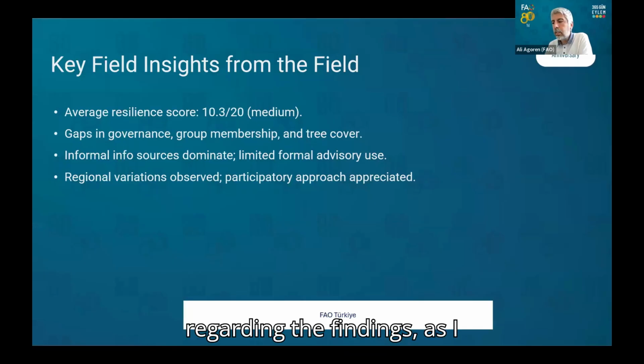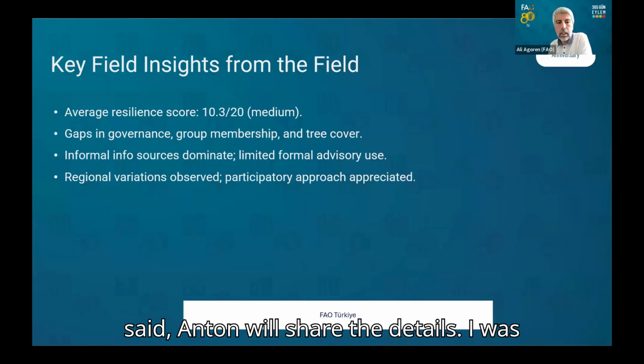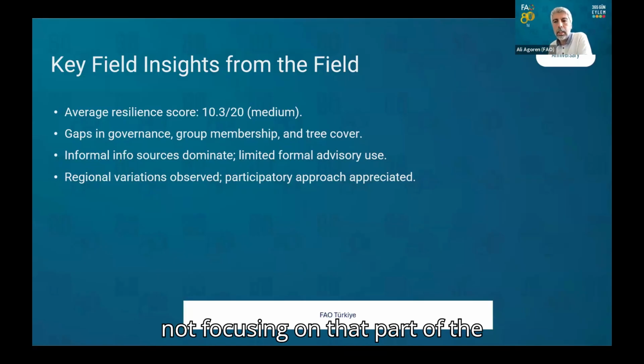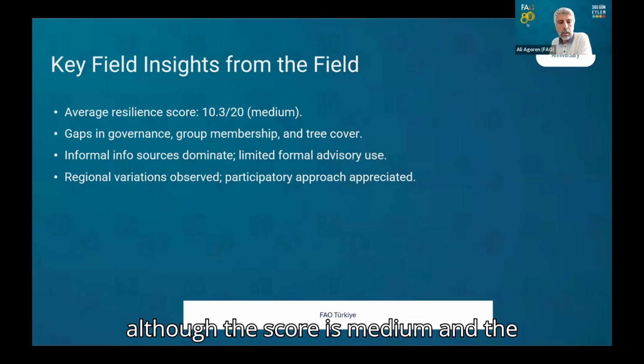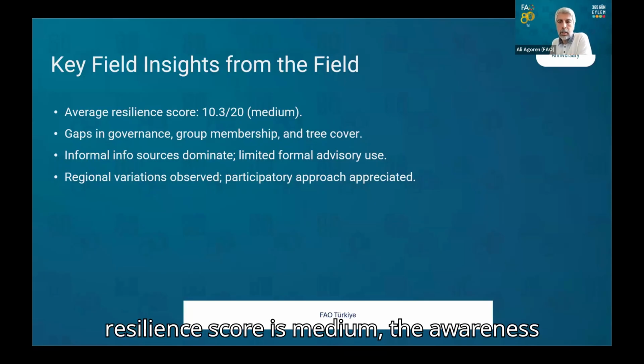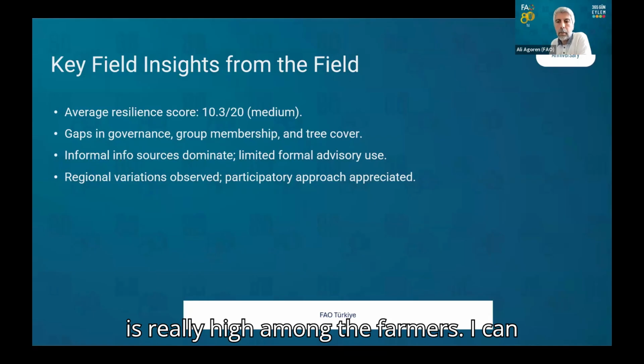So regarding the findings, as I said, Antoine will share the details. I was not focusing on that part of the project, but my personal observation is that although the resilience score is medium, the awareness is really high among the farmers.